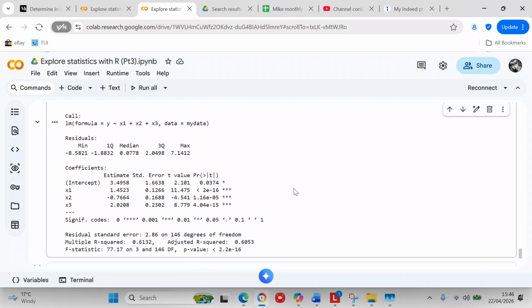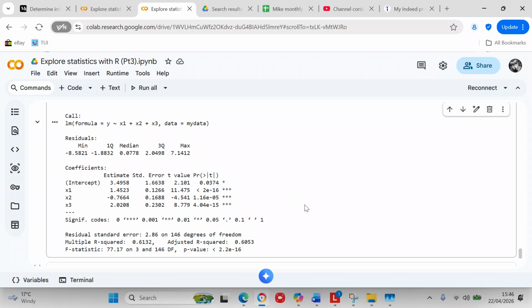So linear model, the formula is lm(formula = y tilde x1 plus x2 plus x3, data = my data). Then you've got the residuals: minimum, first quartile, median, third quartile, and max. You've got your coefficients for the intercept, x1, x2, x3. You've got your significance codes.